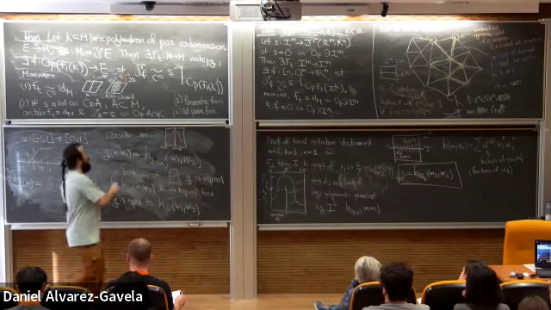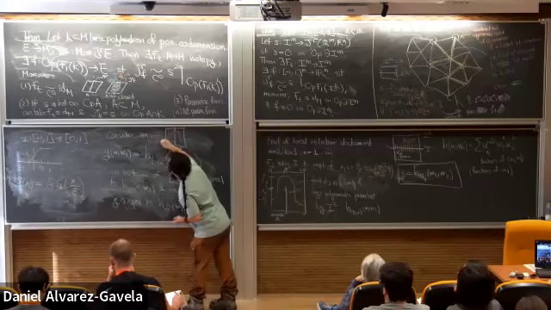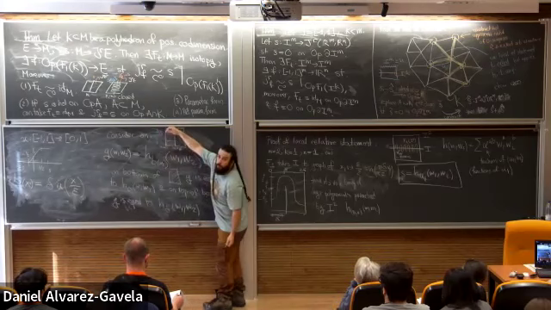Okay, so here this is h0, here it is h delta, and in the middle, I'm interpolating between the two.